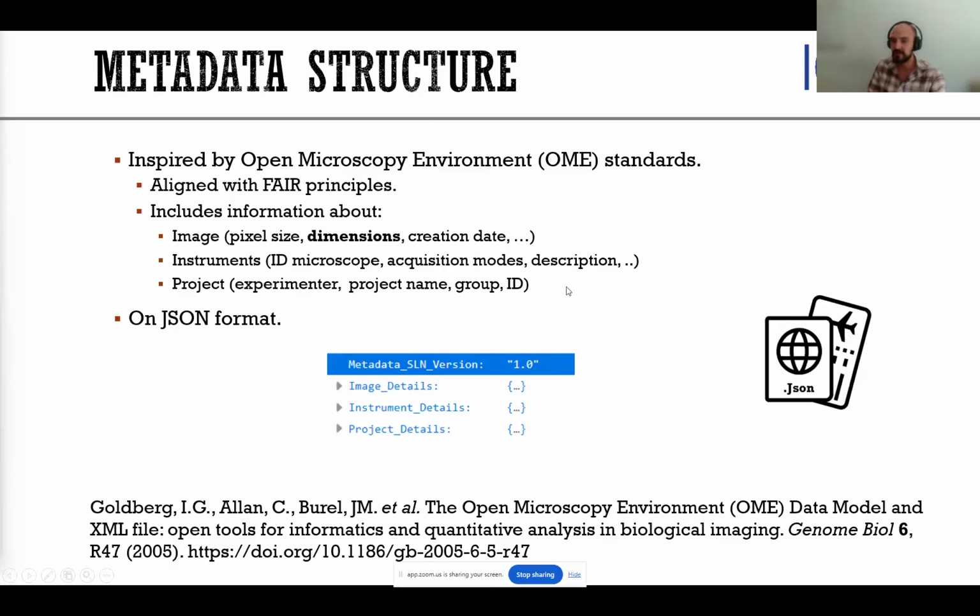It includes the pixel size, the dimensions, the creation date, the particular details of the instrument, which is related to the previous talks, and also other IDs such as the project, experiment, project name, all the information that we consider necessary to have traceability of all the data.